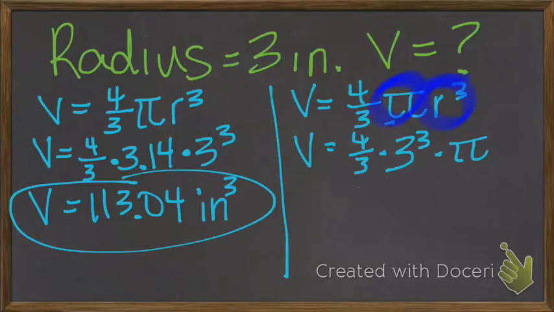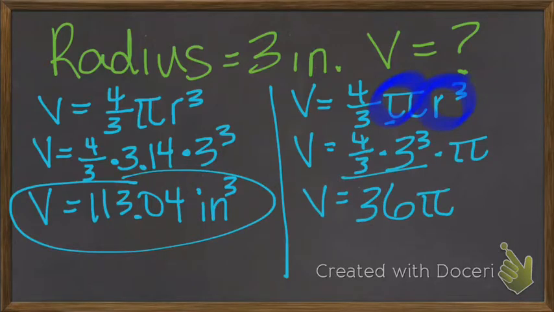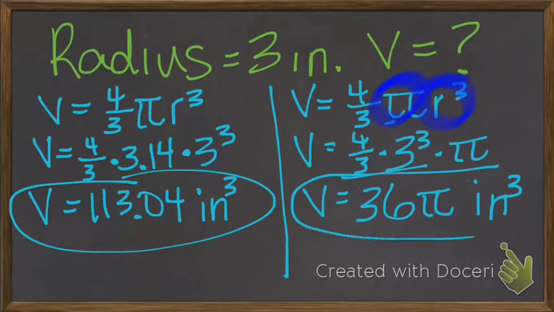Okay, and we replaced r with 3 because the radius was 3. Now you're going to go ahead and multiply 4/3 times 3 to the third, and you get 36 pi. We just put the pi on there, so it's less work when you leave it in terms of pi. And we've talked about before, it's more accurate because you're not approximating pi. Pi goes on forever, and so this keeps that pi going on forever, whereas this we rounded.